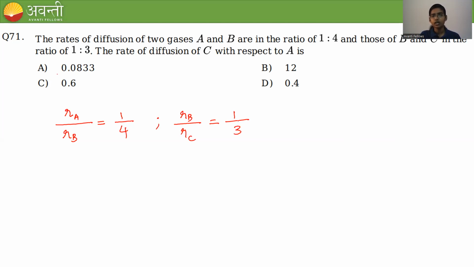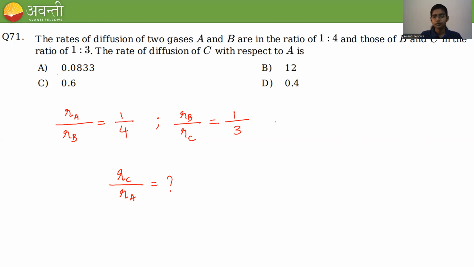Now we are asked to find out the rate of diffusion of C with respect to A. That is, we have to find out RC by RA. So to solve this, we can multiply these two, RA by RB and RB by RC.